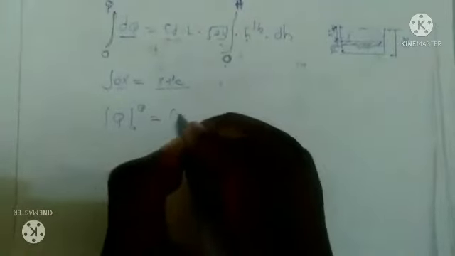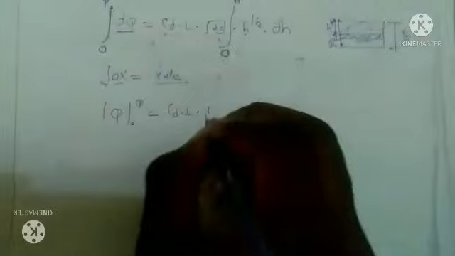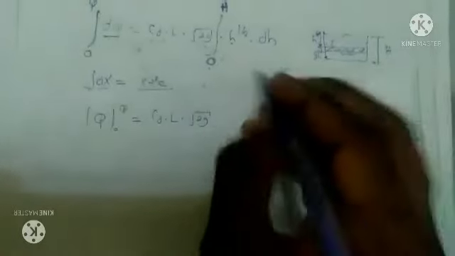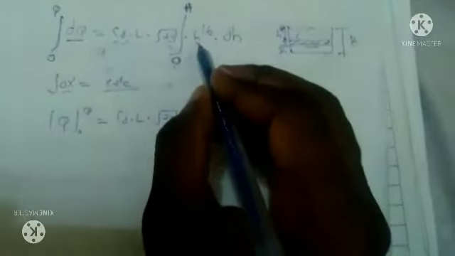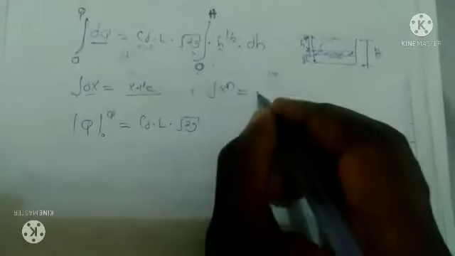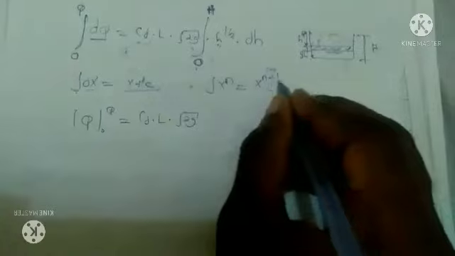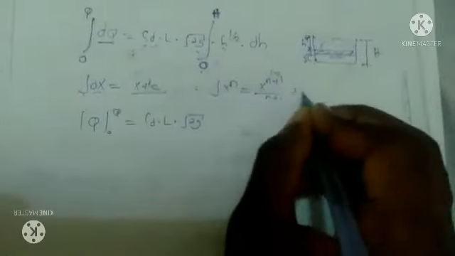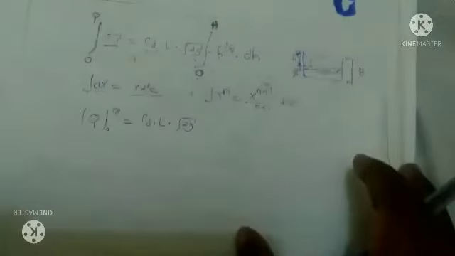So here we have the constant Cd times L times the square root of 2g. Then h power half, the same as if you have the integration of x power n, it will be x power n plus 1 over n plus 1, plus c if you have no limit. But if you have the limit, then there is no c.